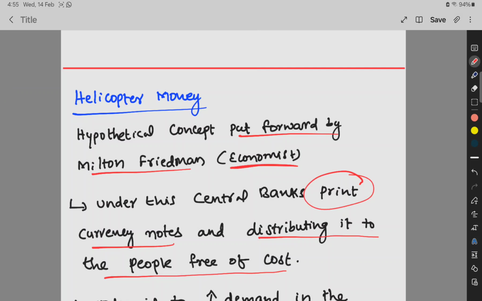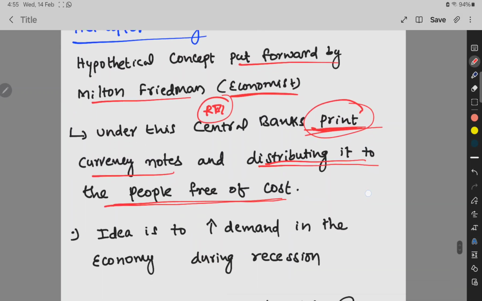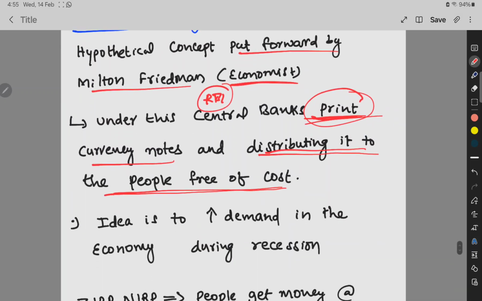Many state chief ministers asked for helicopter money, but it did not happen in India. Under this, the central bank, in India the RBI, has to print currency notes and distribute them to the people free of cost. What is the motto behind it? To increase demand in the economy during recession time.